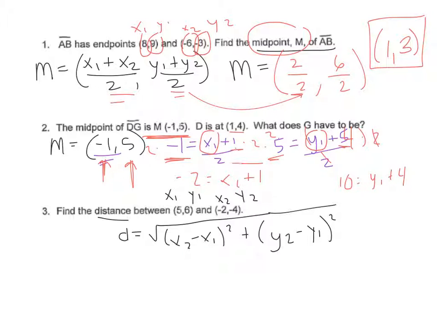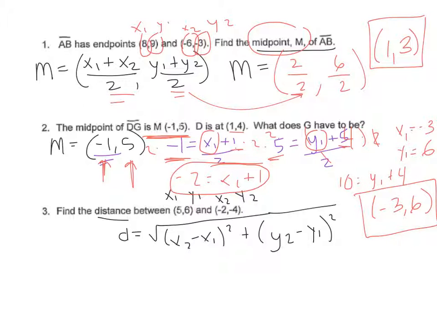So in the end, when you subtract 1 right over here, your x1 is equal to -3, and your y1 is equal to 6. So I'm going to write it nicer, -3, 6. So this is the other point. You have the point D right up here, and you have the point G, and the midpoint has to be -1, 5. So you work backwards.